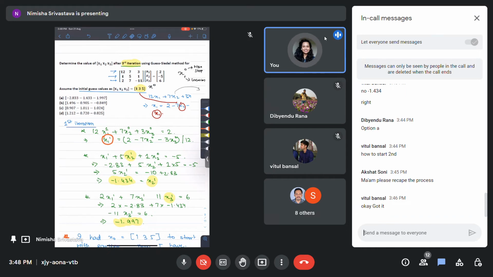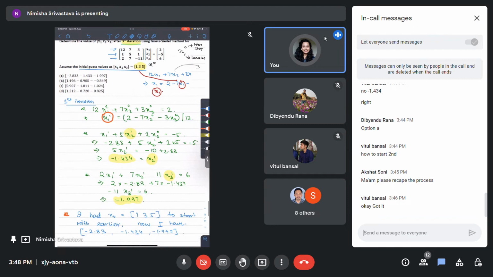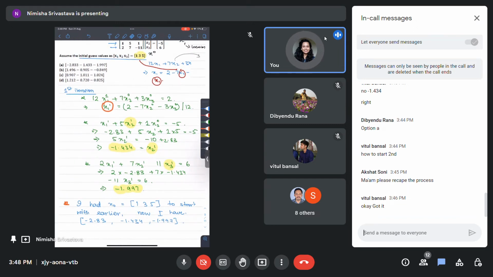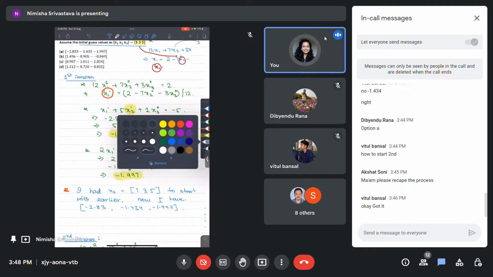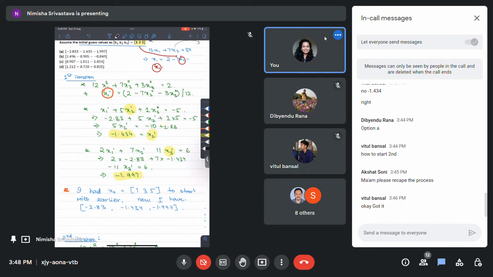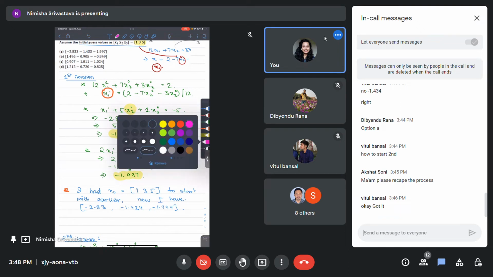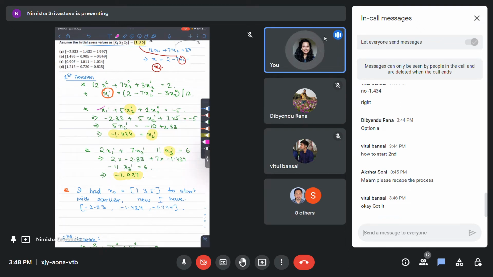I found my linear equation which corresponds to x2, the second row, and then what are my knowns over here? I'll just outline the knowns in pink. x1 I know from my last iteration, x naught I know because it is already given by the question. Then I computed the x2.